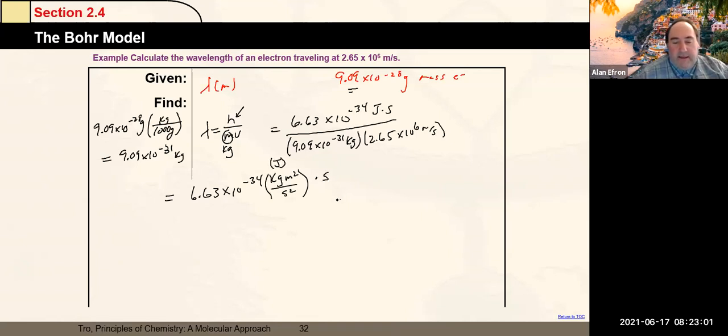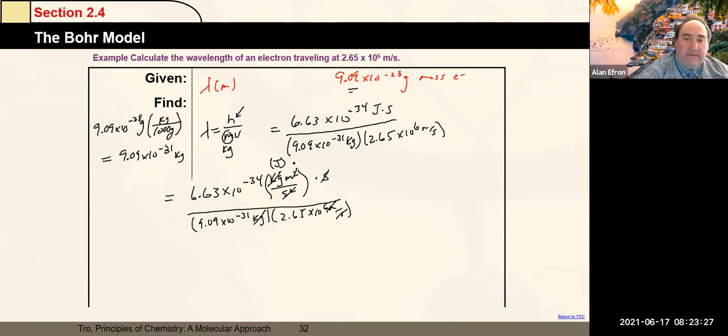Times seconds, divided by our 9.09 times 10 to the minus 31 kilograms, and our 2.65 times 10 to the 6 meters per second. In terms of units, kilograms now cancels. 1 second there, 2 seconds there, cancels both of those seconds. And one of the meters cancels, again leaving us in meters, which is good because that is a unit of wavelength, which is what we're looking for.